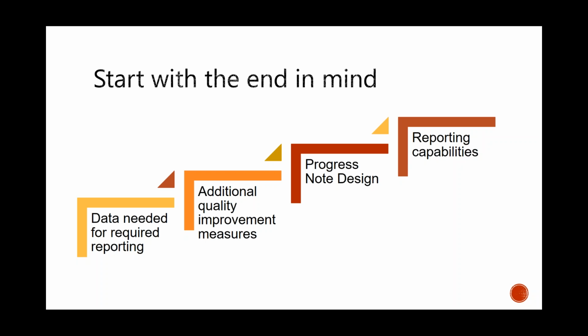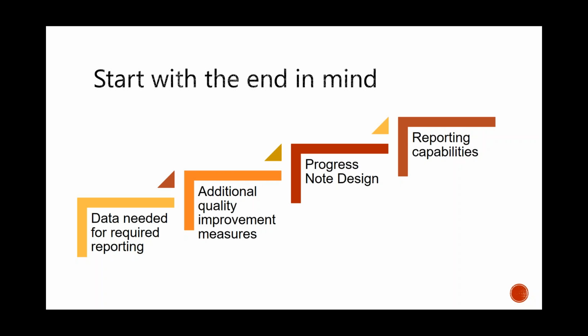Often there's a little bit of a gap in between what you're required to report on and what you may want to know about as a healthcare provider. So, what data do you have to have? What data do you want to have? Those two questions really go into the design of the progress note in terms of its contents. And whatever you have in the progress note is going to dictate what you're able to report on.